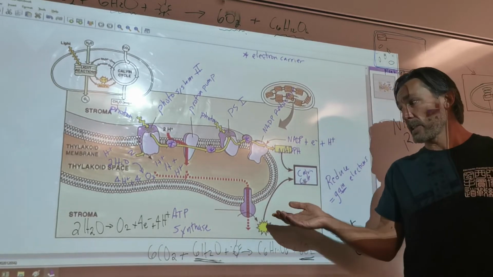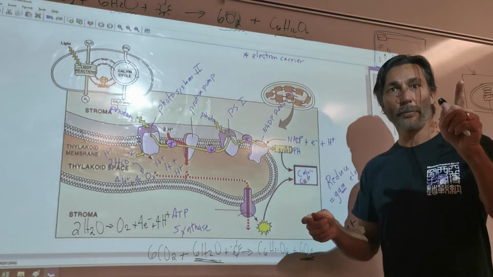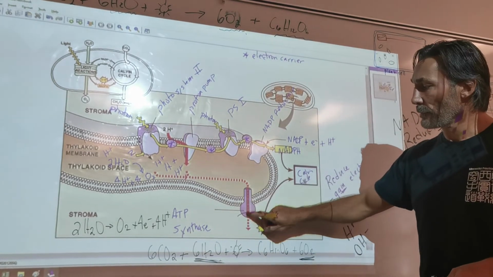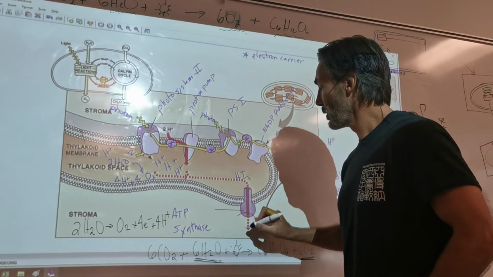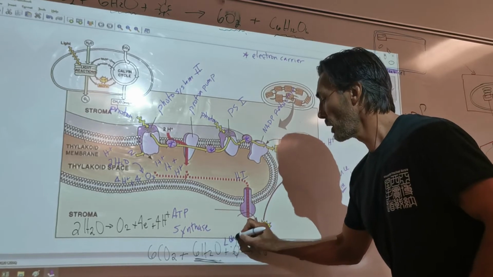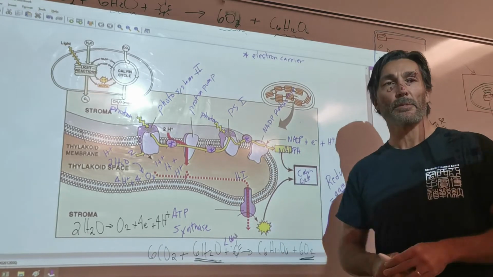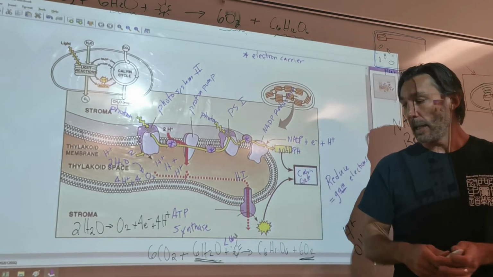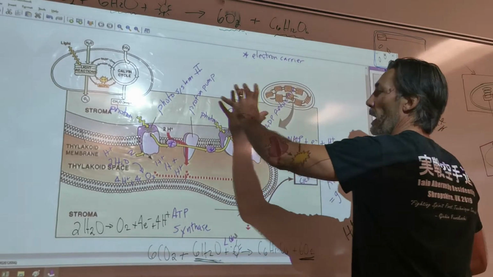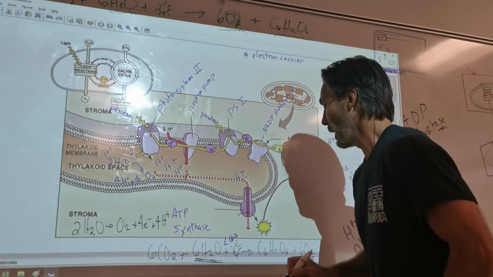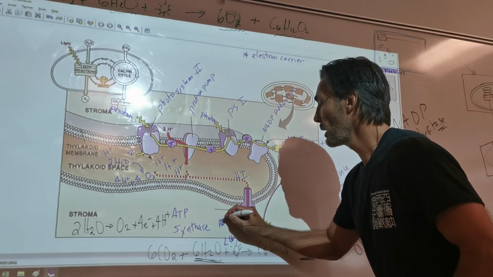Okay? But this is not just a channel protein, a hole going through the membrane. This is an enzyme. So, this is kind of cool. As protons flow from high concentration to low concentration, it physically makes this enzyme spin incredibly fast. And in the stroma, which is a fluid outside the thylakoid, we are going to take ADP.